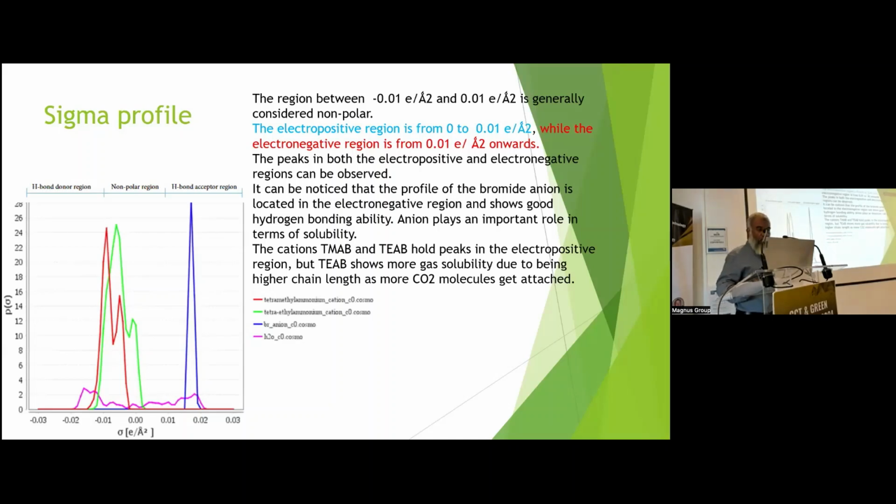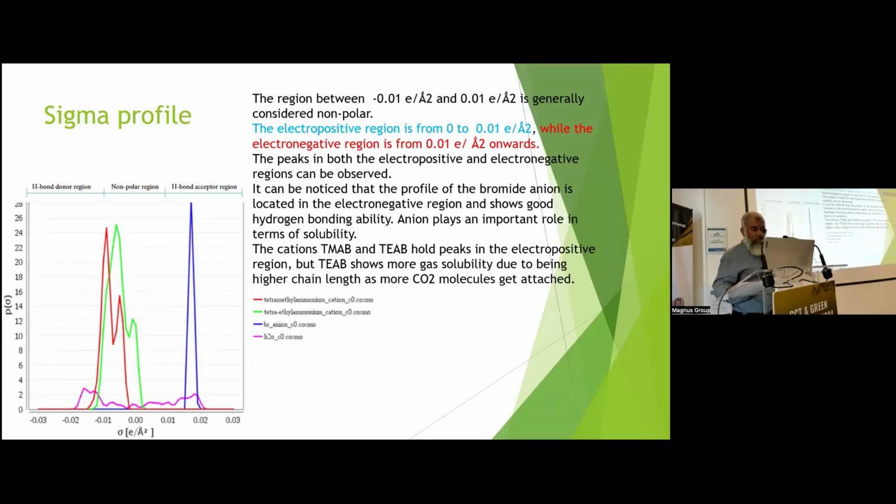This is the sigma profile that gives the range of the hydrogen bond donor, the non-polar region, and the hydrogen bond acceptor of these two solvents. So the region between minus 0.01 to 0.01 is generally considered non-polar, and the electropositive region is from minus 0.1 to minus 0.01, while the electronegative region is from 0.01 onward.